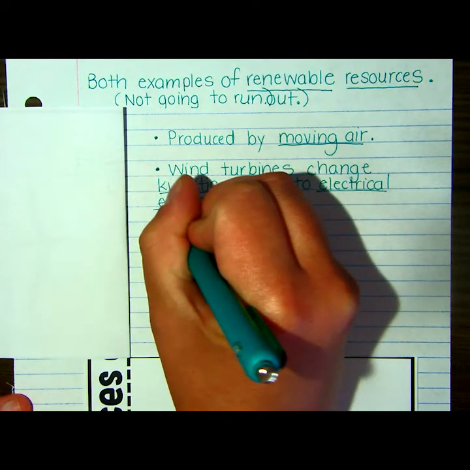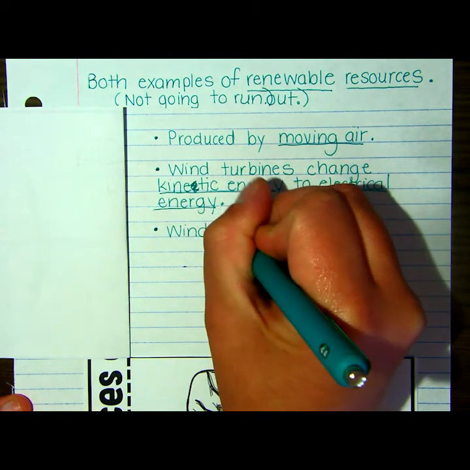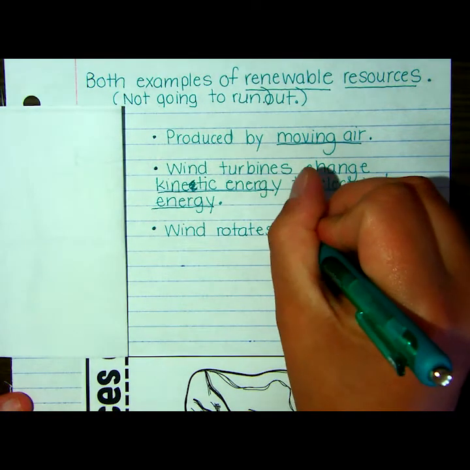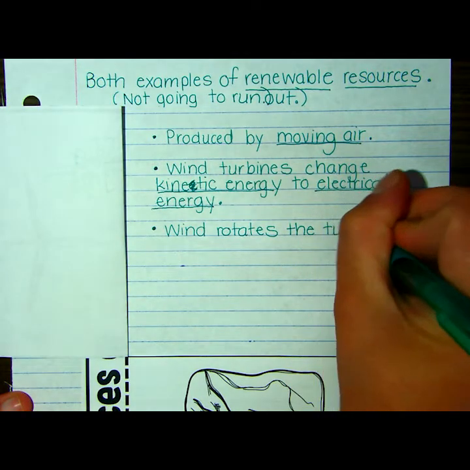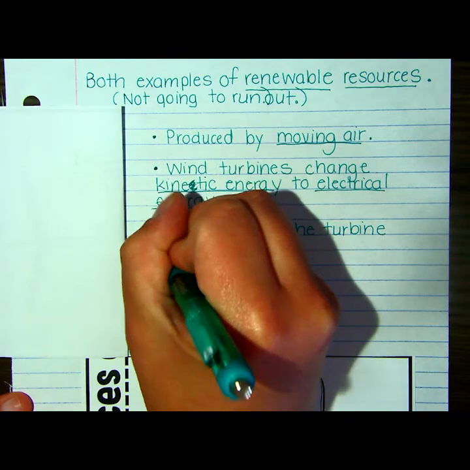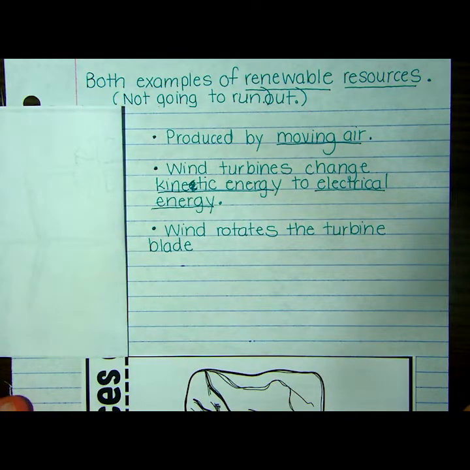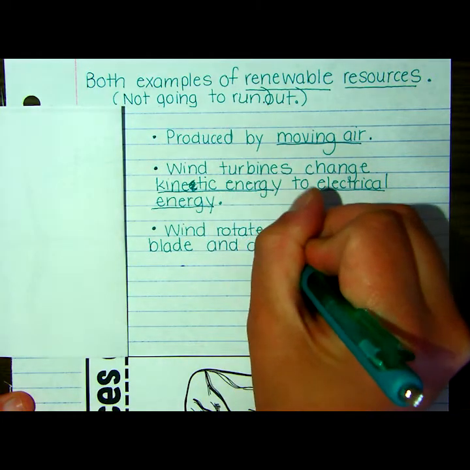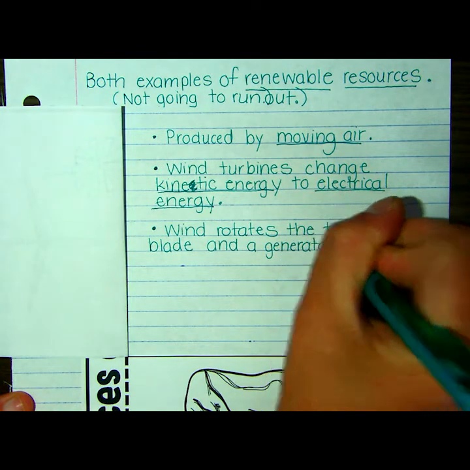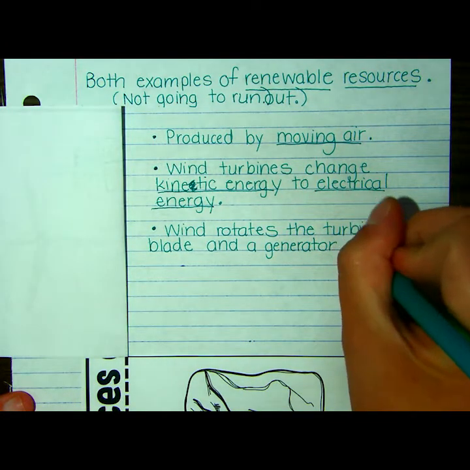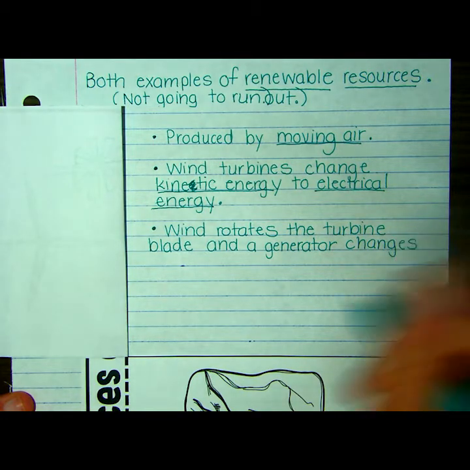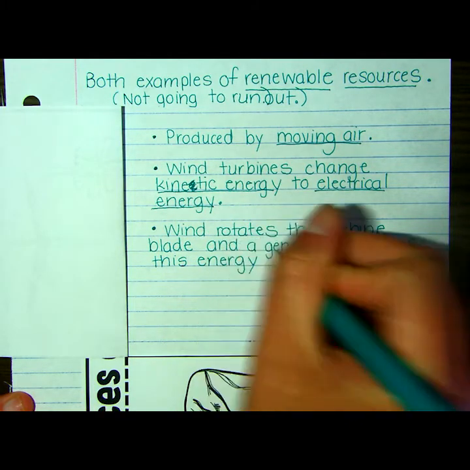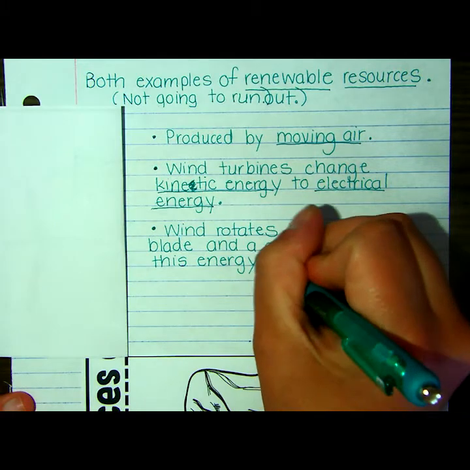So wind rotates the turbine blade, so the part that you see pictured, and a generator changes this energy to electrical energy.